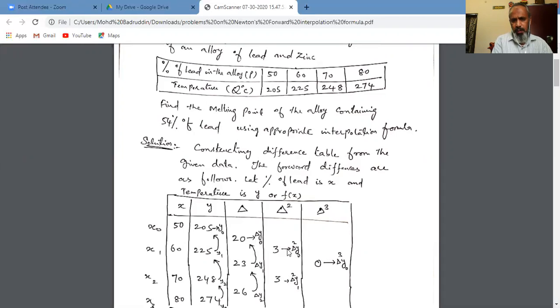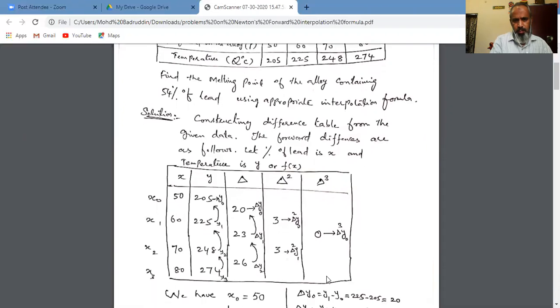So these are the second order forward differences. Now, del cube is the third order forward difference, which is the difference of the second order forward differences. So del square Y1 minus del square Y0 gives del cube Y0. This is 3 minus 3, which is equal to 0. So we have constructed the difference table.